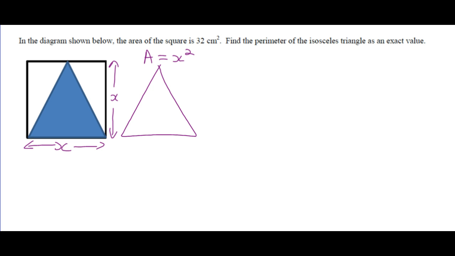Okay, here's the triangle. So in this triangle, we know that this is x. What's this? This is also x. So then what's this? 1/2 of x. So what's this?